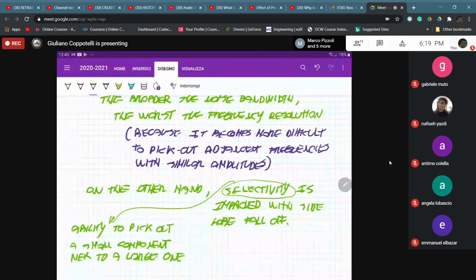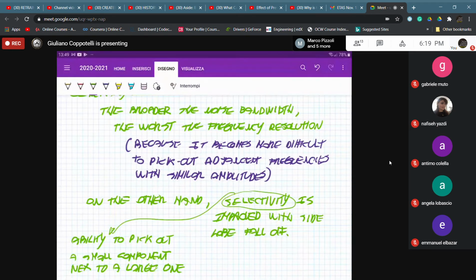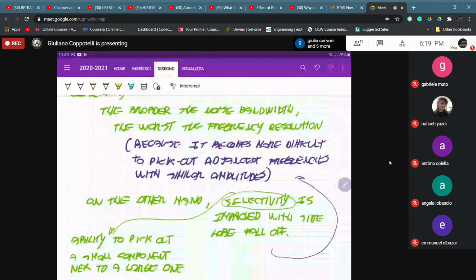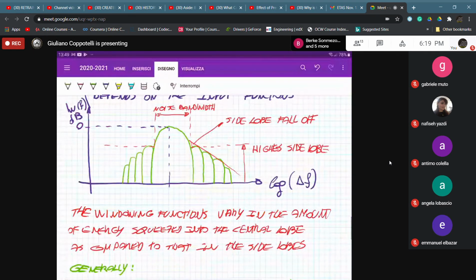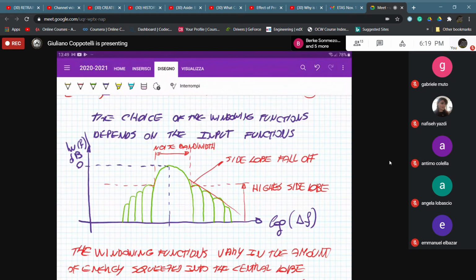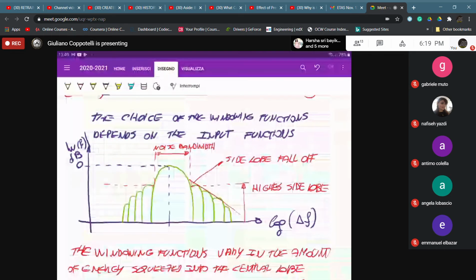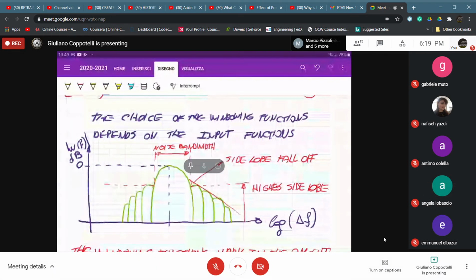The reason for that is practically the same as from the other point of view of what we already discussed. Please note that the side lobe fall off is the slope of this straight line that is representative of the side lobes behavior, the peak of the side lobes behavior.